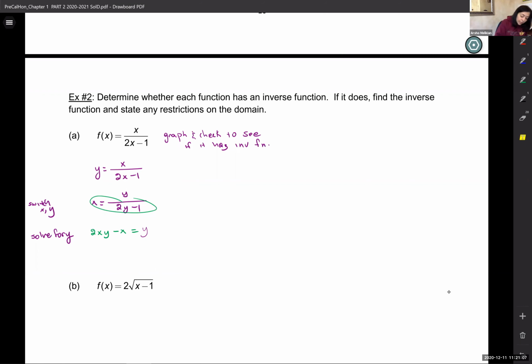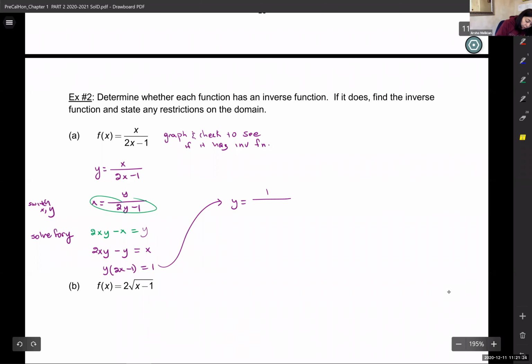Bring all the y's to the same side. 2xy minus y is equal to x. Factor out a y. And then y is, I'm sorry, what happened here? This was x, sorry. y equals x over 2x minus 1.